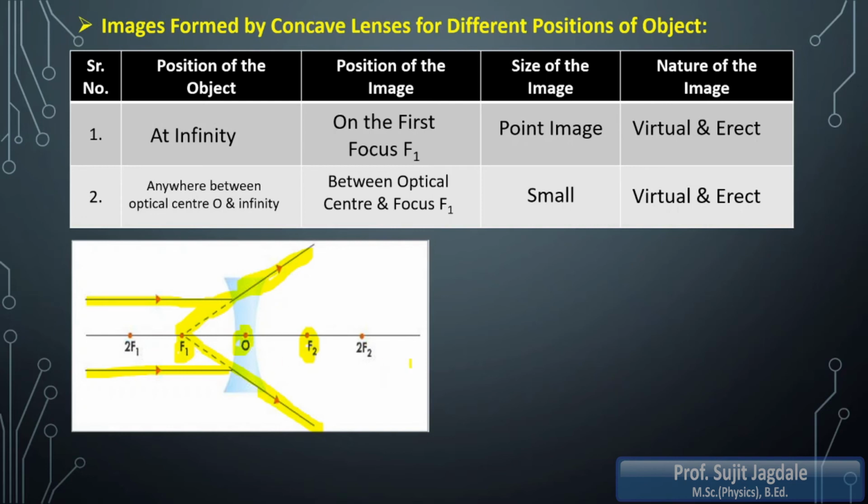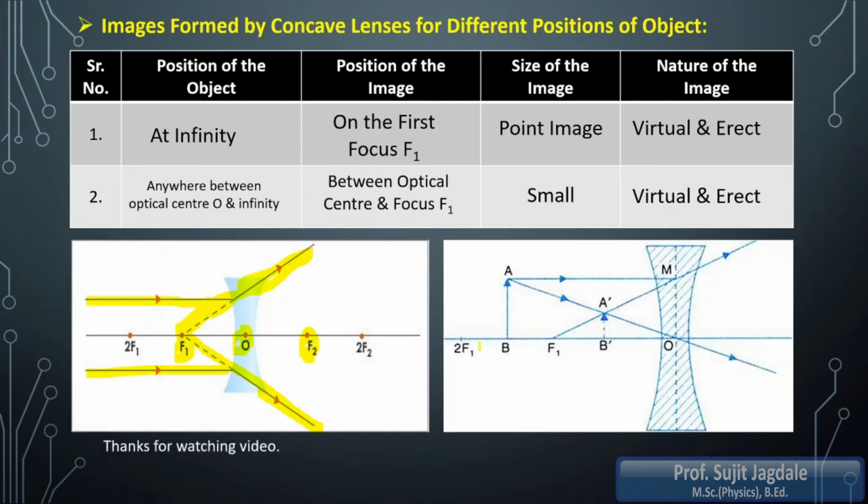Then the second is anywhere between optical center O and infinity. Here optical center O is there and infinity we are not able to show here, but we have kept the object AB beyond O and within infinity, so it is anywhere between those two points.